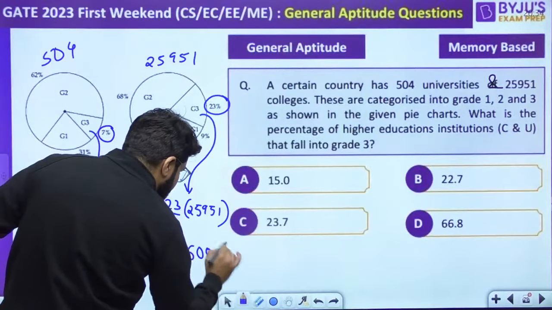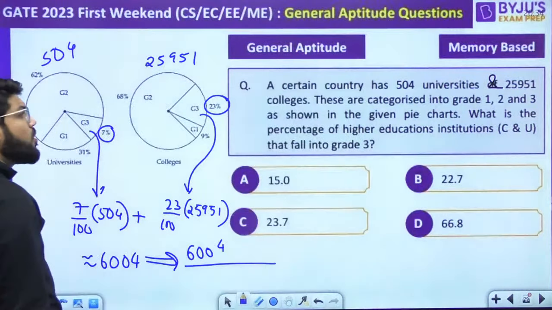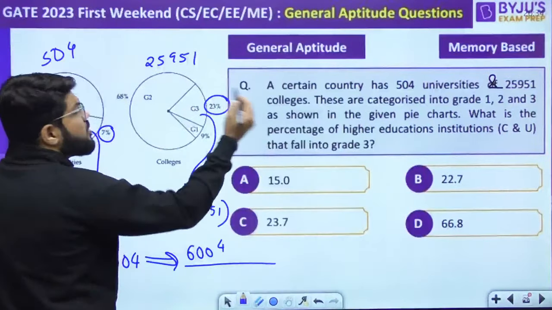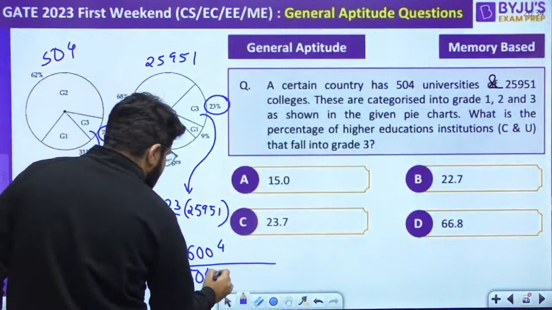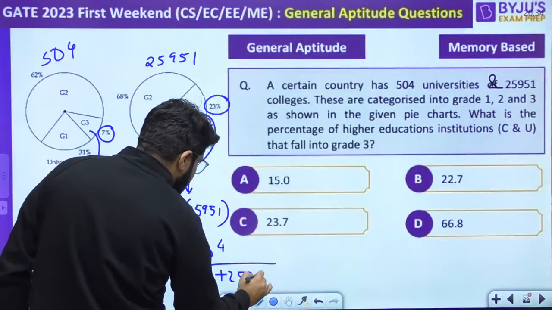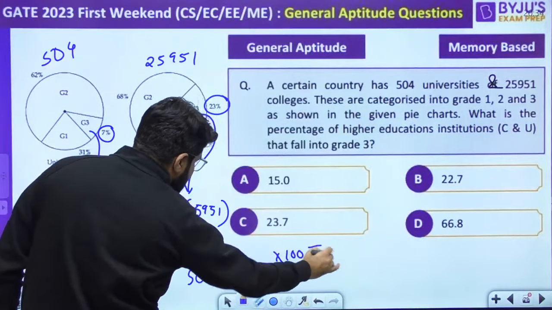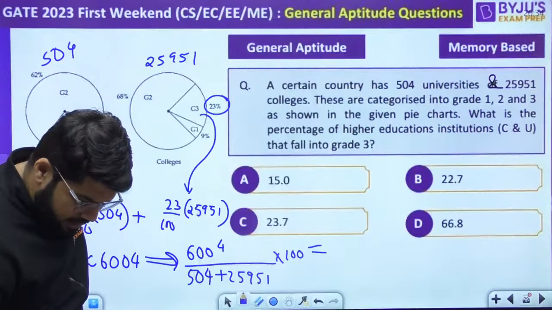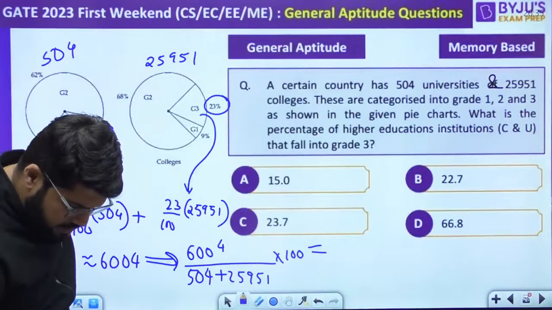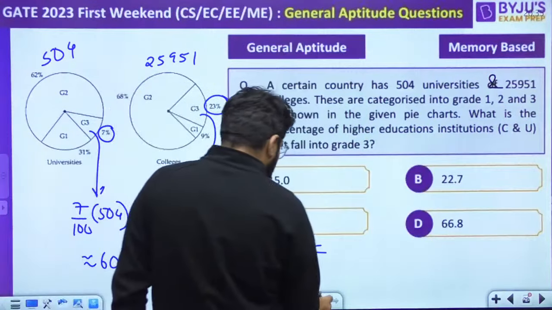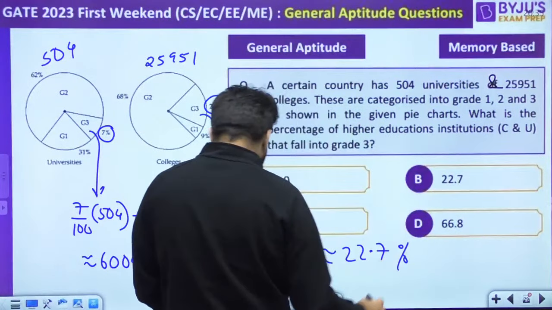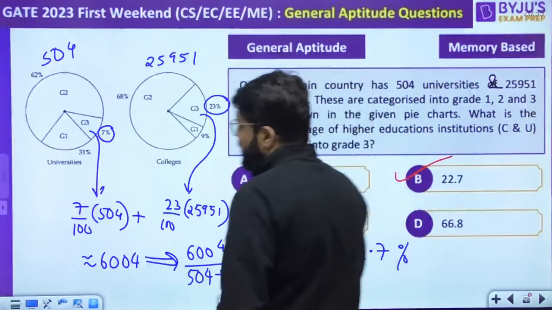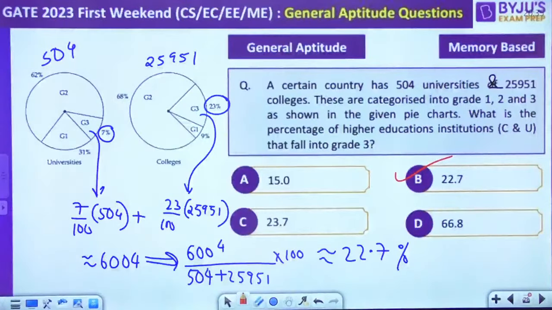So what is the total number of universities and colleges? That is 504 plus 25951. To express in percentage, I just multiply by 100. Okay, and then write down the final answer. Yeah, it's 22.69, or that is nearly 22.7%. Answer mark kar dena hai B hai. That's it.